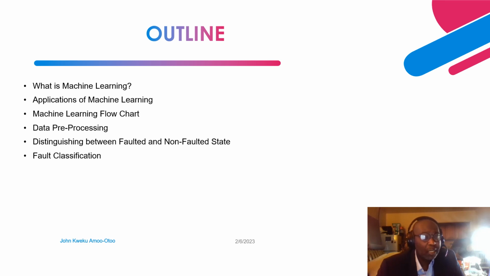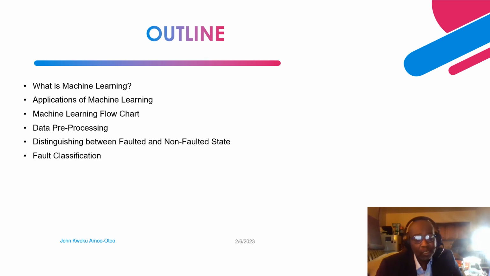Next is machine learning flowcharts, all the processes that are part of machine learning to achieve from the input to the output. Next is data pre-processing, how we pre-process the data to make it acceptable for machine learning to process the data, train the data and test the data to achieve a predictable output.